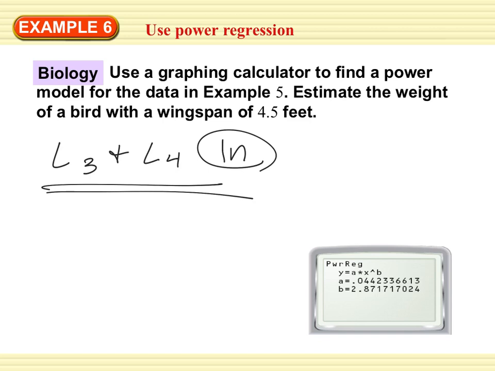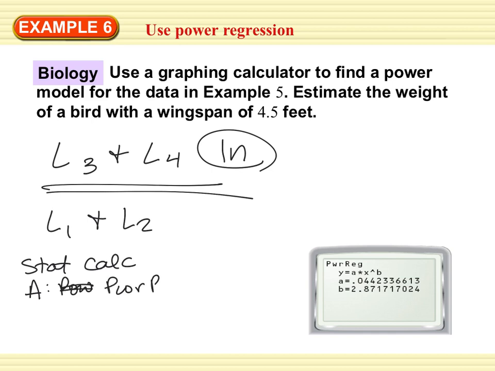Okay, we don't want that. We want to look at list 1 and list 2. So go ahead and hit Stat, Calc, and our power regression, that's letter A, and hit enter.